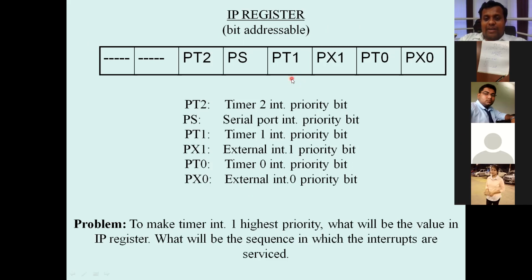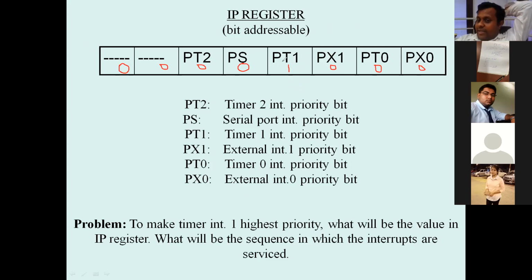If this bit is 1, say I am setting this bit to 1 and the rest of the bits are 0, then what will be the priority level?